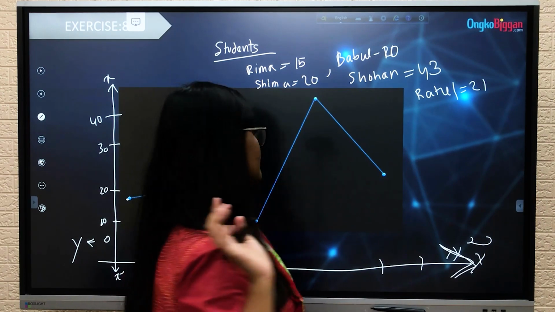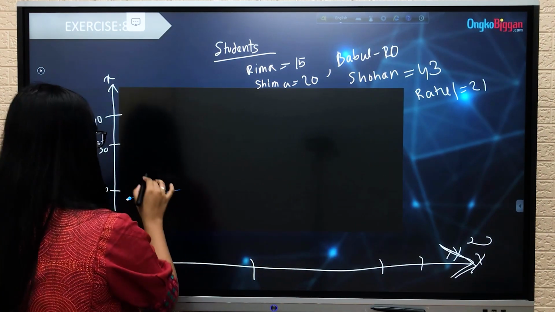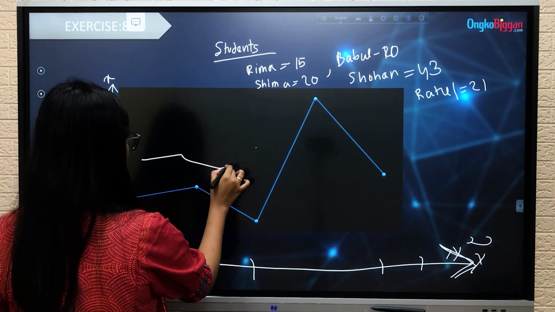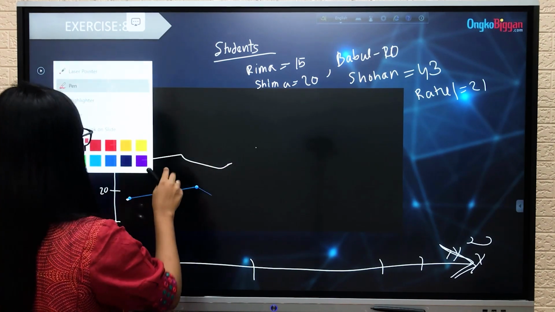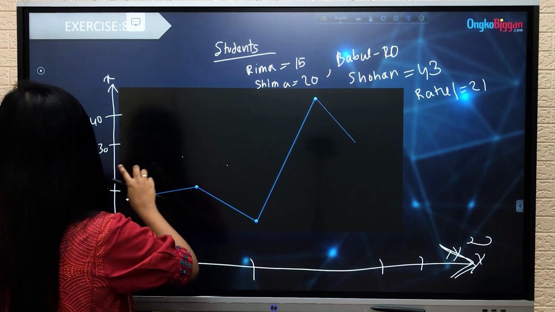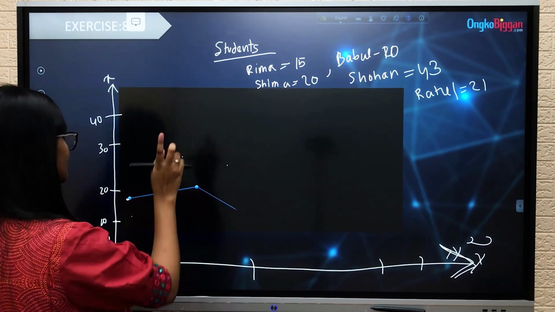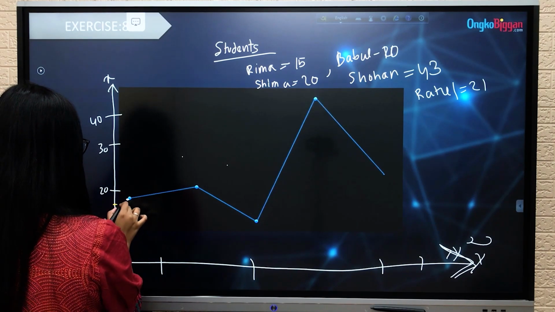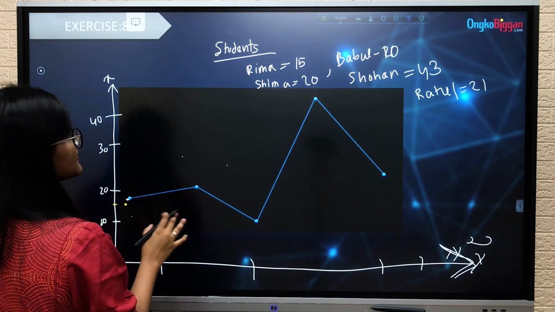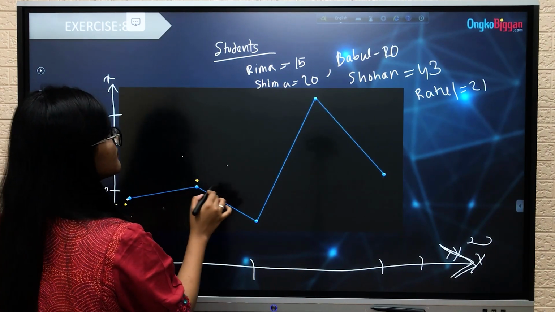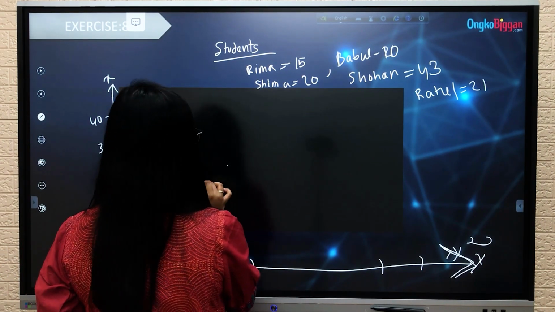I will put all the values. Then by joining the separate points, we will get a line. By putting values accurately, 15 will be here, then 20 will be here, again 20 will be here.